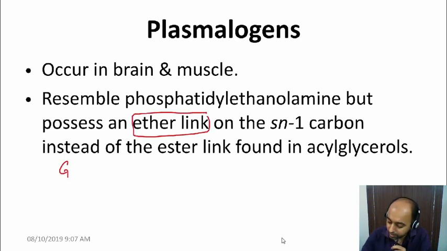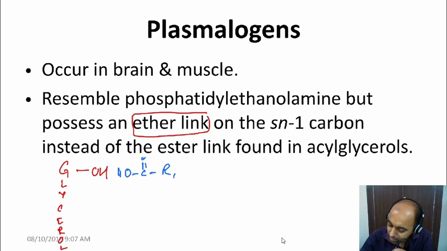See, in the glycerol, where we have the hydroxyl group, here the carboxylic group will come and attach. When this attaches, what we get is an ester bond.